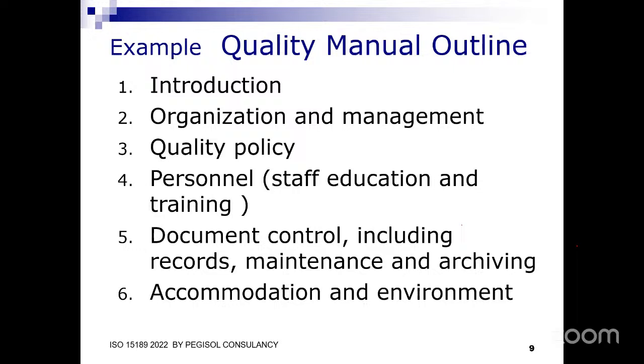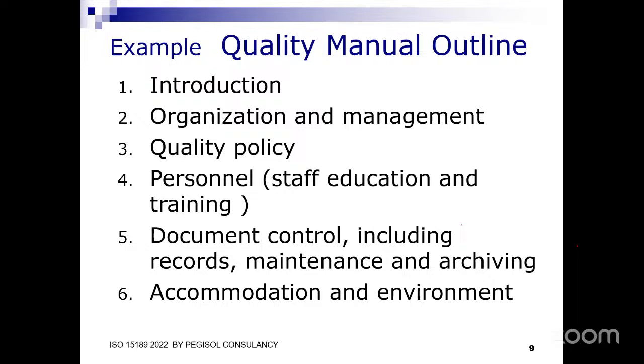Now, an example of a quality manual outline could be an introduction, organization and management, the quality policy, and personnel, which addresses everything required on personnel, like staff education, training, roles, and their files.